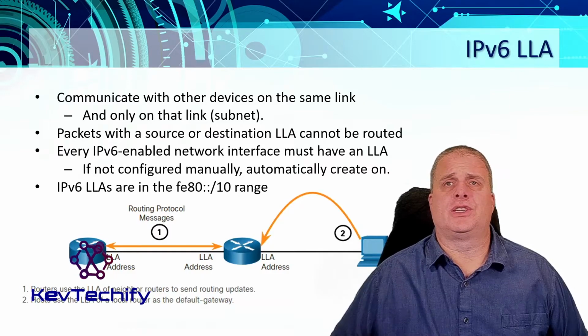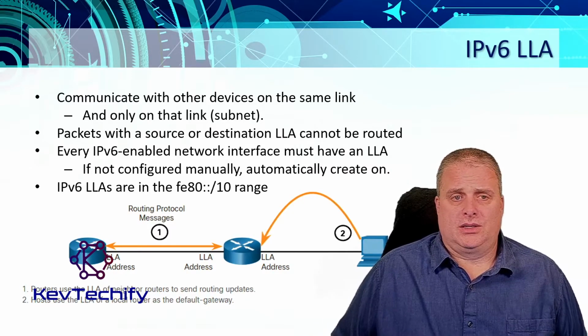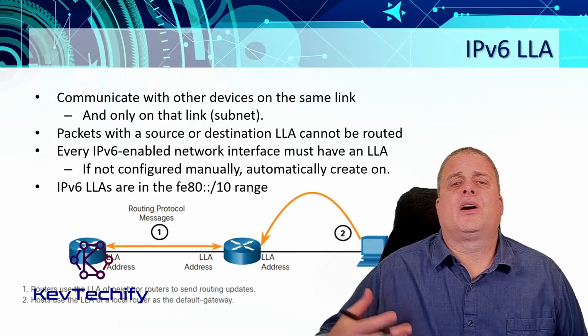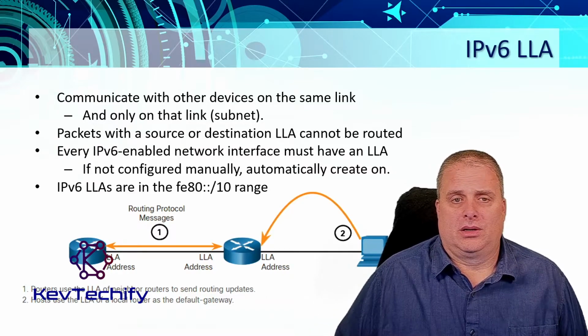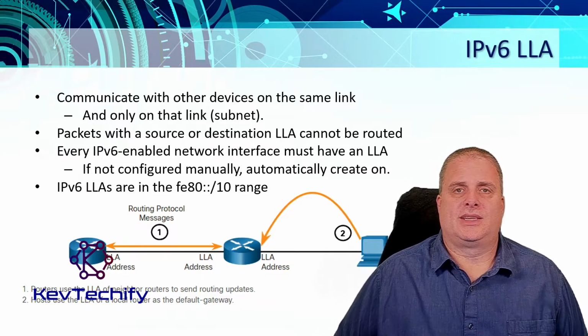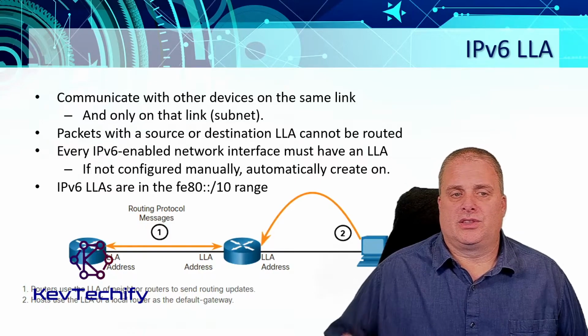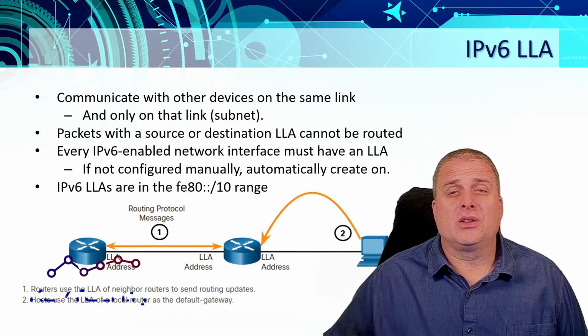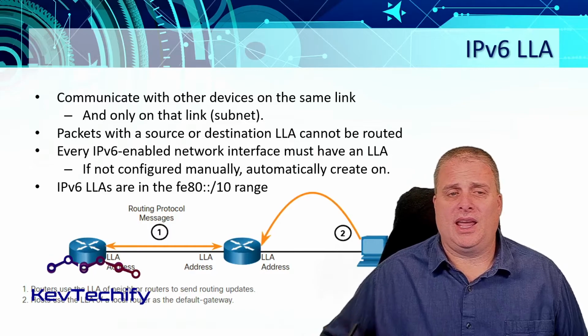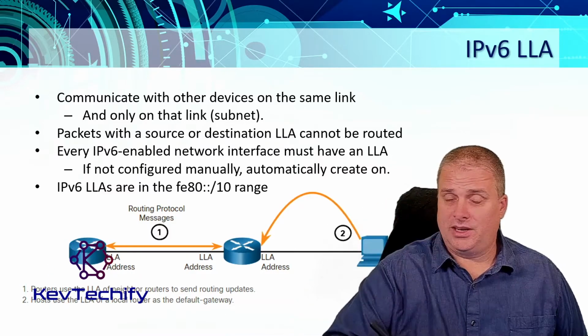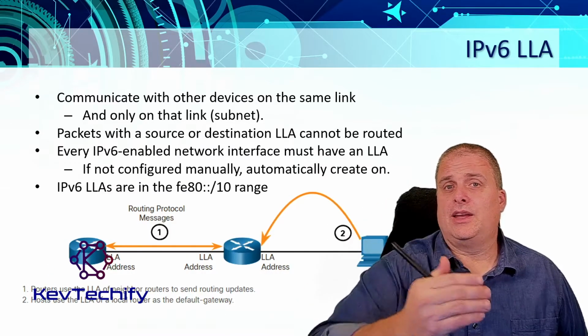The IPv6 link local address is to communicate only with other devices on that same network, on that same subnet. Packets with a source or destination link local address can't be routed. They can't go out onto the internet. If an internet device gets one of those, they drop those packets.